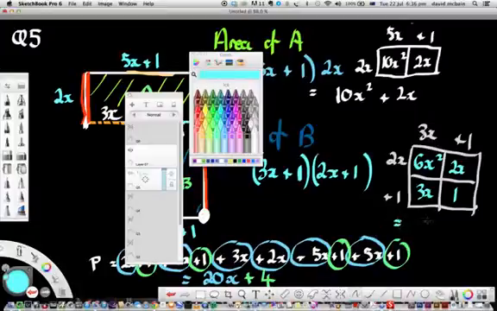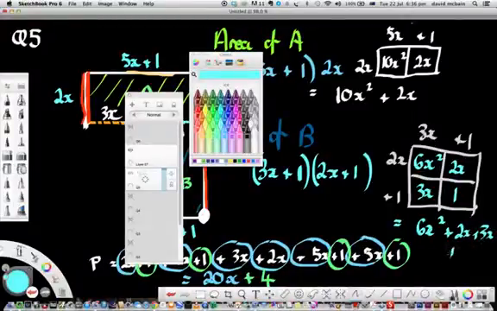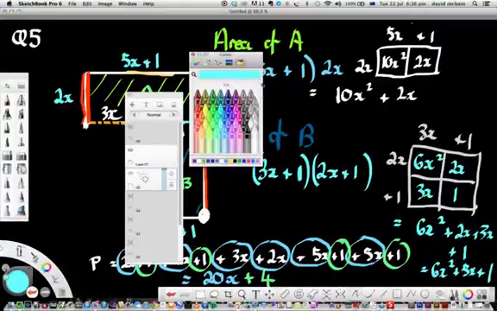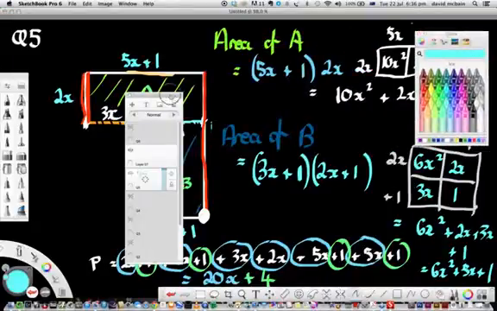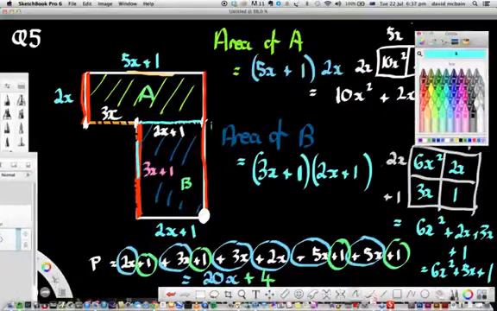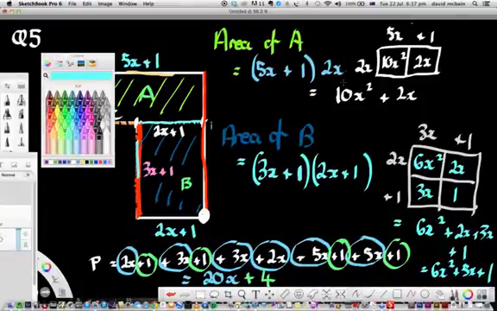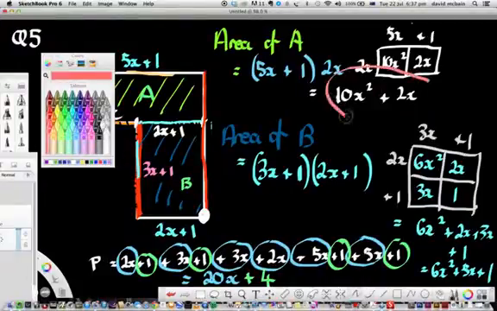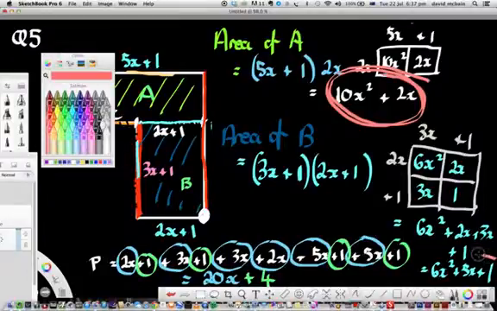So it's going to equal 6x squared plus 2x plus 3x plus 1, which equals 6x squared plus 5x plus 1. Now, the total area of both rectangles is going to be the area of A plus the area of B. So it's going to be the area of A, which is this, plus the area of B, which is this.